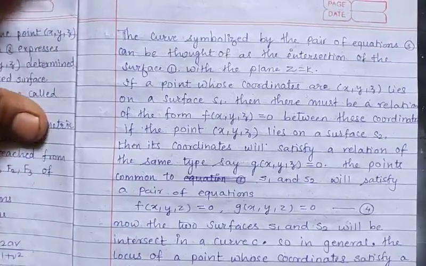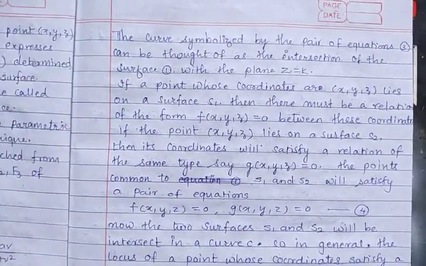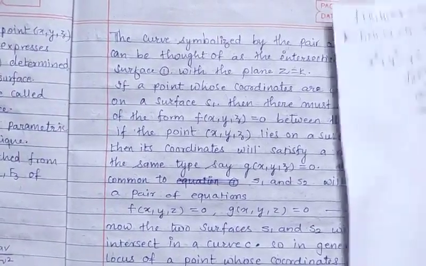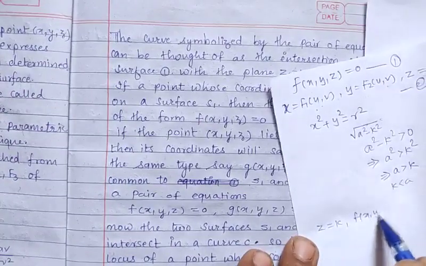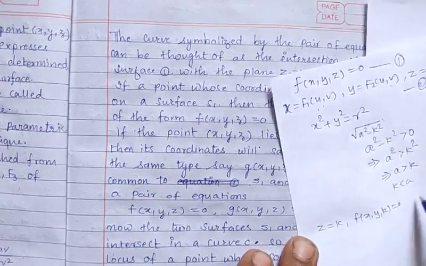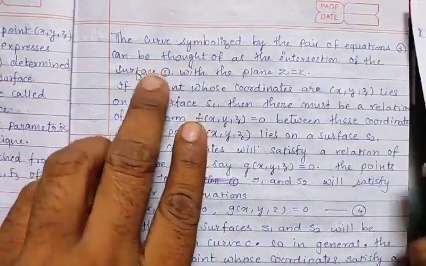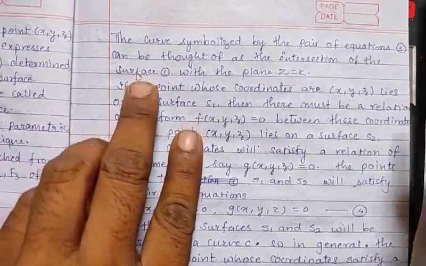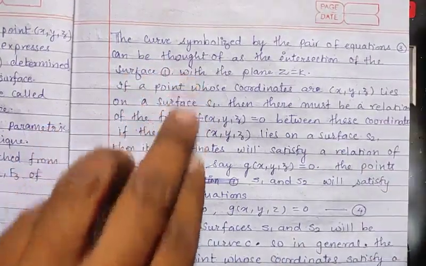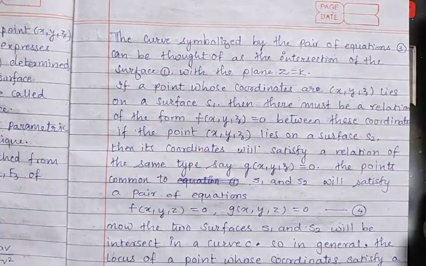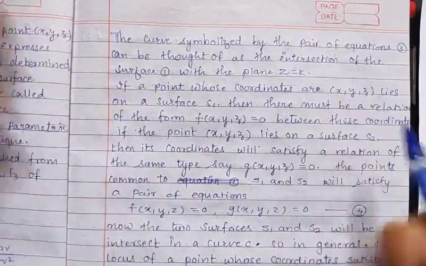Now the curve symbolized by the pair of equations 3, which is z is equal to k and f of x, y, k is equal to 0, can be thought of as the intersection of the surface S1 with the plane z is equal to k.